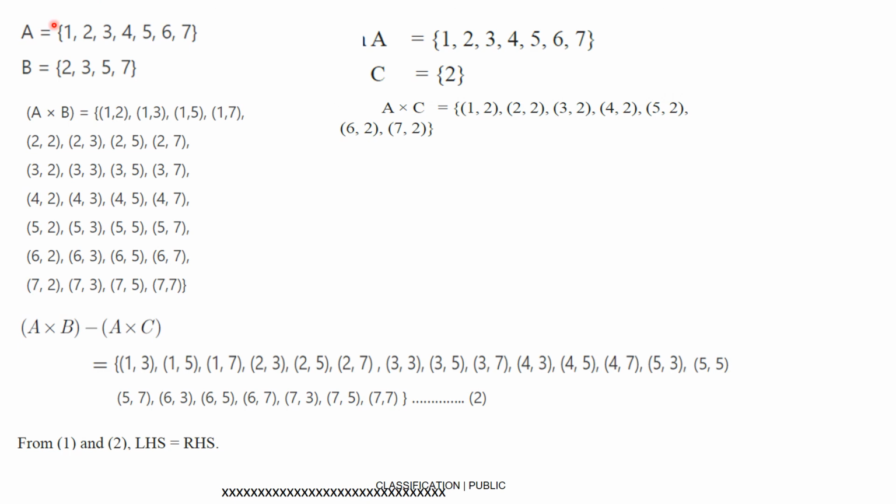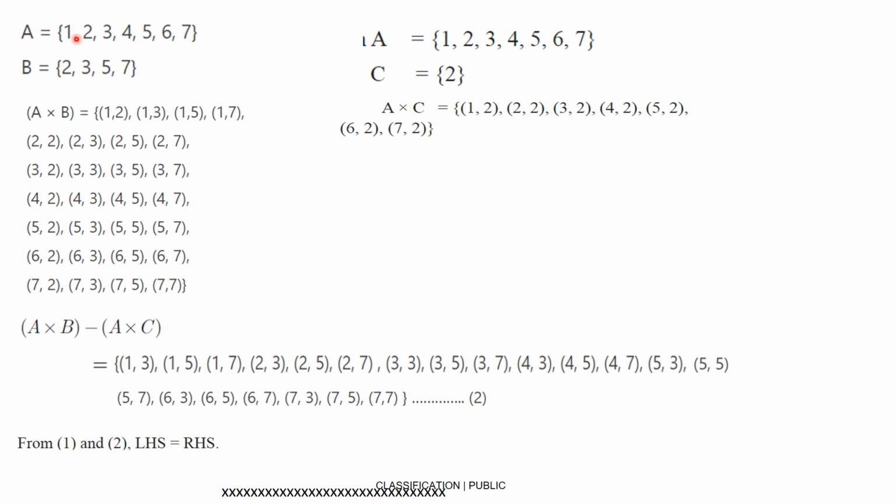Next RHS, that is (A cross B) minus (A cross C). So A equal to {1, 2, 3, 4, 5, 6, 7} and B is {2, 3, 5, 7}. Okay.